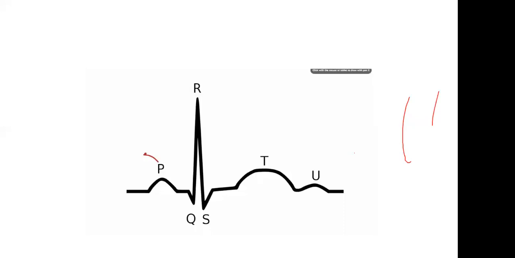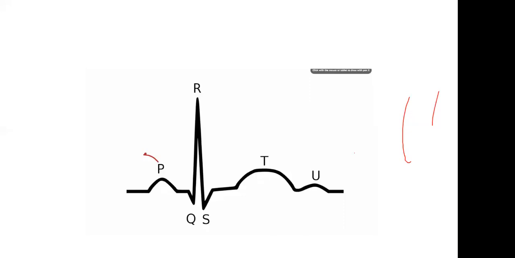Q wave goes up to become an R wave, which then comes down to become an S wave. And the S wave once again goes up till it finishes at the baseline when another wave, the T wave, starts.